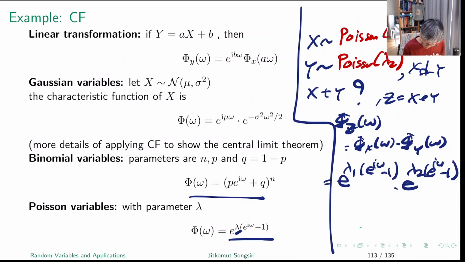Again, what is this? This is just the product of two exponentials, so you can sum the exponents.